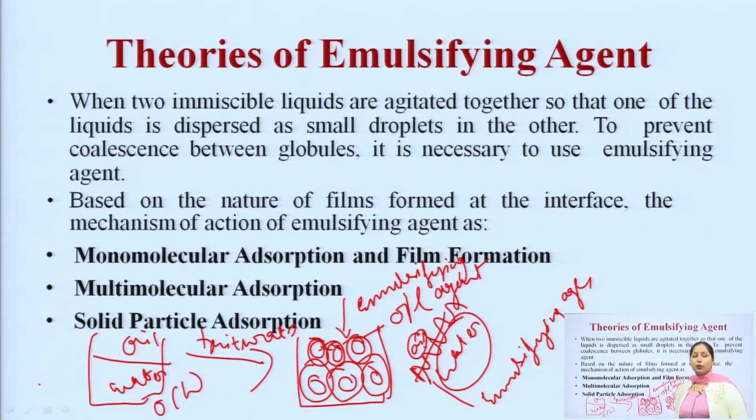Depending upon what type of film is formed at the interface of the oil and water, the mechanism is described as monomolecular adsorption and film formation, multimolecular adsorption, and third, solid particle adsorption.